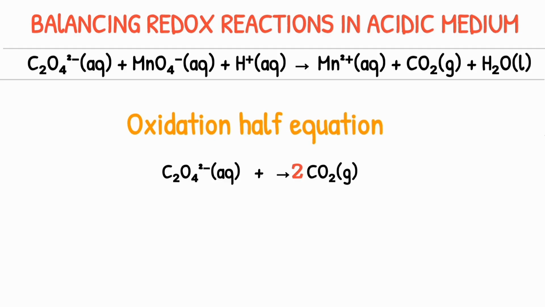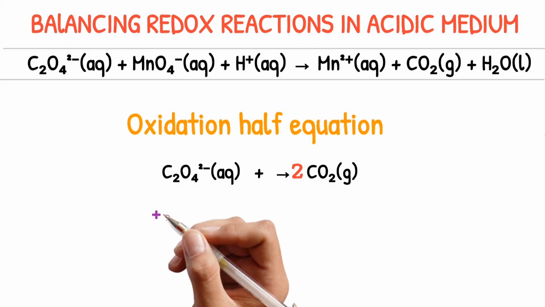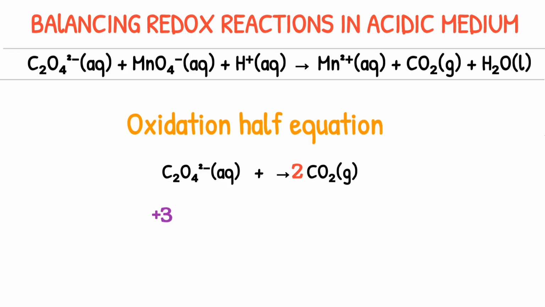Also remember the oxidation number of carbon in carbon dioxide was +4. And now we have how many carbon atoms? We have 2 carbon atoms, and that gives us 4 times 2, which is 8.